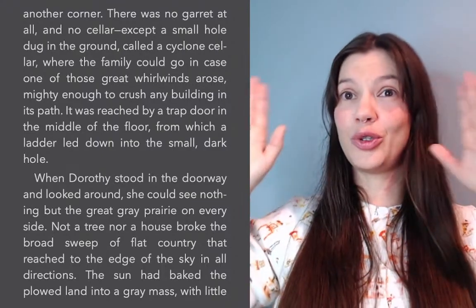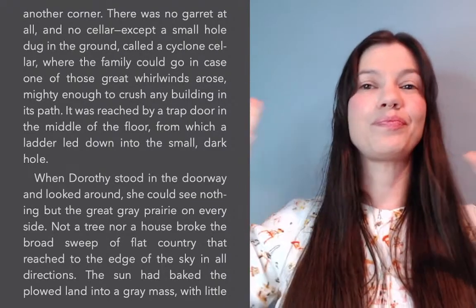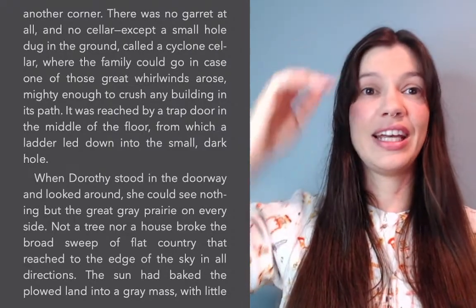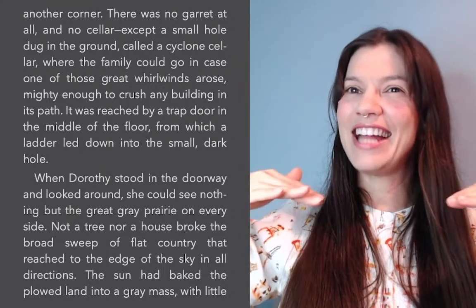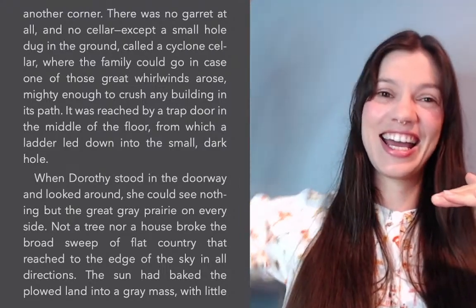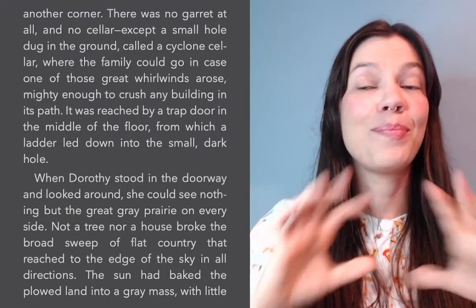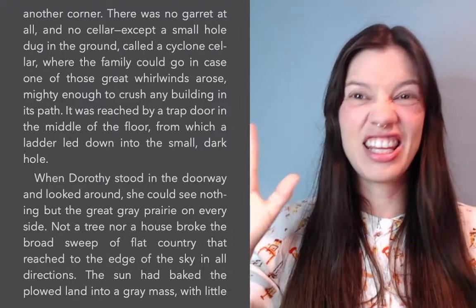So she stood in her doorway, where the door is, and looked around, and she just saw flat everywhere. Flat earth and sky. So it's painting a picture that there's nothing around.